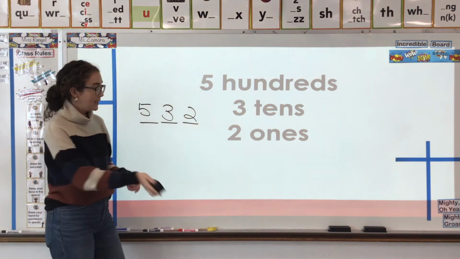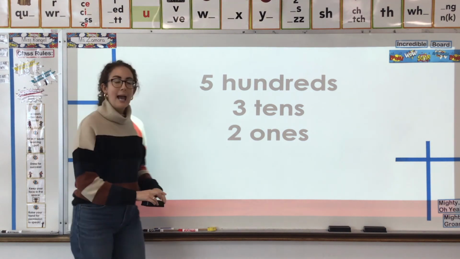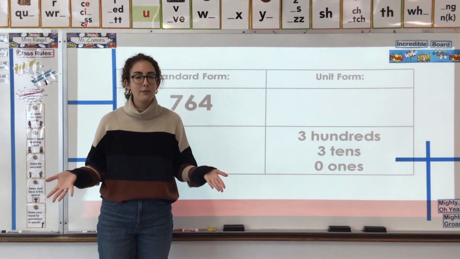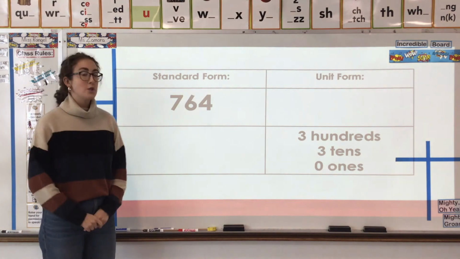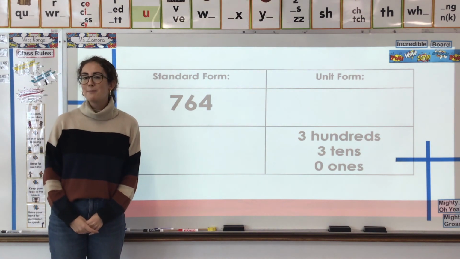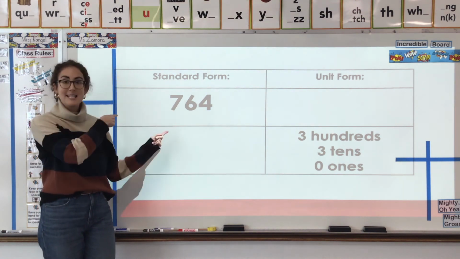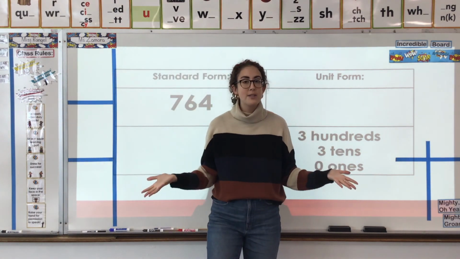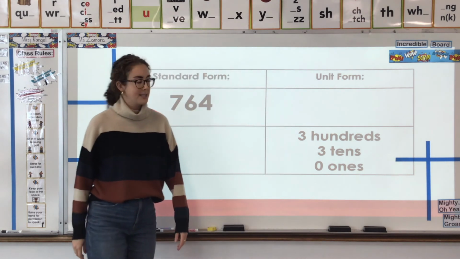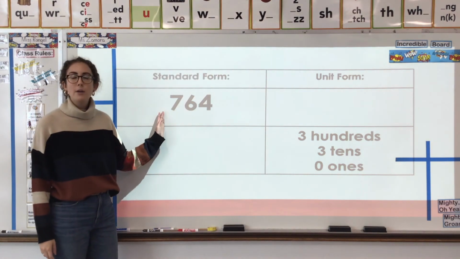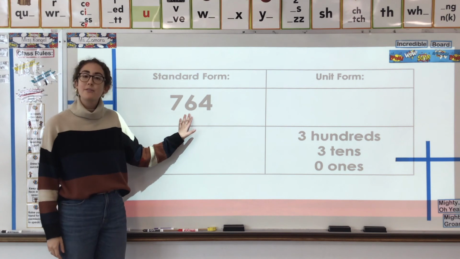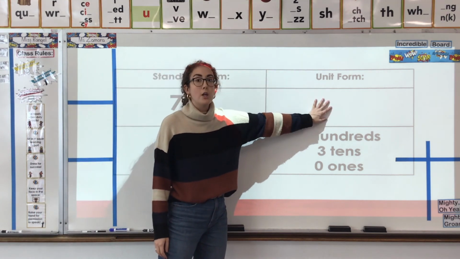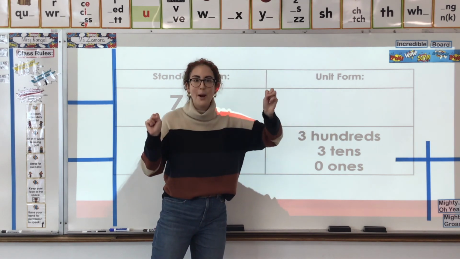So that's exactly what you are going to do right now on your own. I have this little chart for you to complete. It's just 2 numbers, but each number needs to be written in standard form and unit form. So you can show the difference and a number 2 different ways. So right now you have 764 in standard form. You need to write it in unit form by breaking it apart.